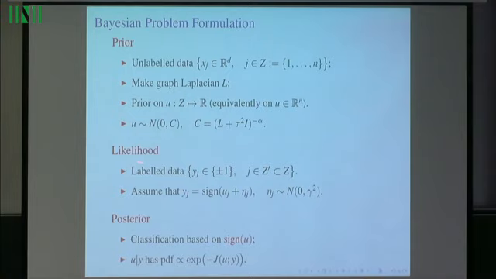And then we just condition U on this label information, and we assume there's some noise, which here is found by adding small Gaussian fluctuation around U, the Gaussian process on the graph. And then classification is based on the sign of U, and furthermore we can do uncertainty quantification.